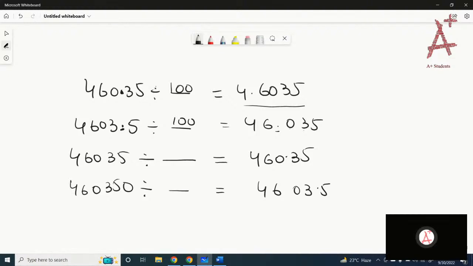Just look at the position of the decimal point and you can find what the number is divided by. In this one the decimal point moved from here to here, so the number is divided by 100. And in the last one the decimal point moved from here to here. Again the number is divided by 100. Got it? So the first option is the correct one.